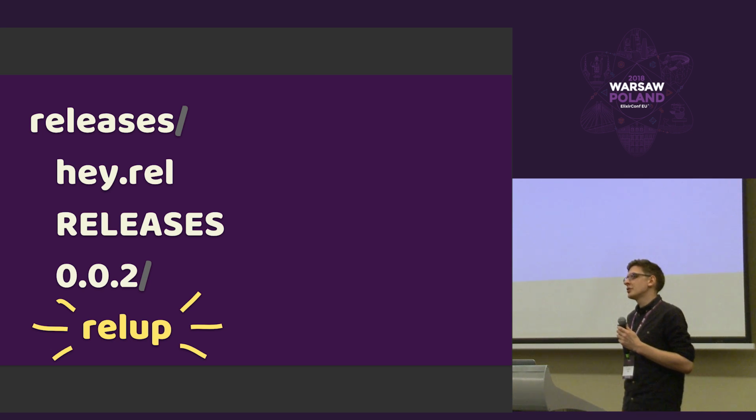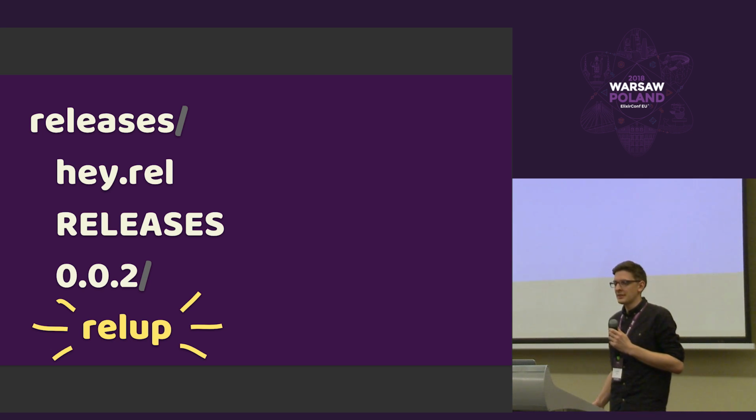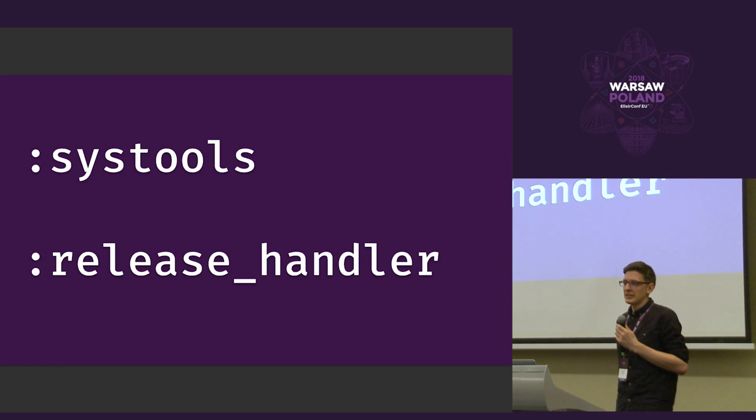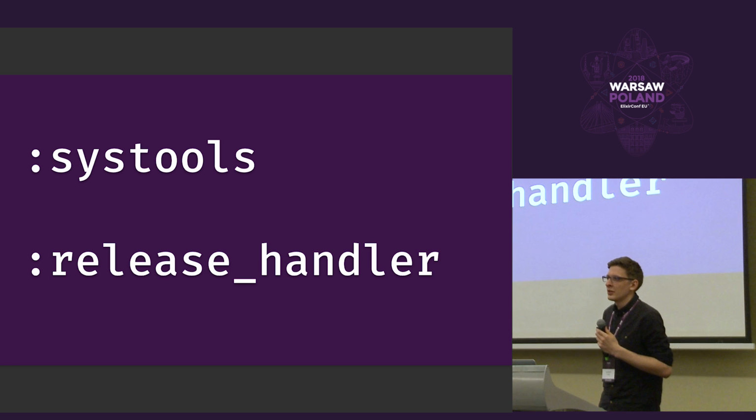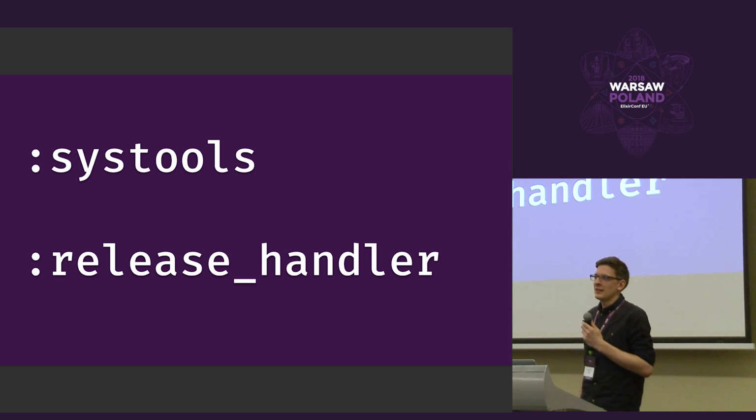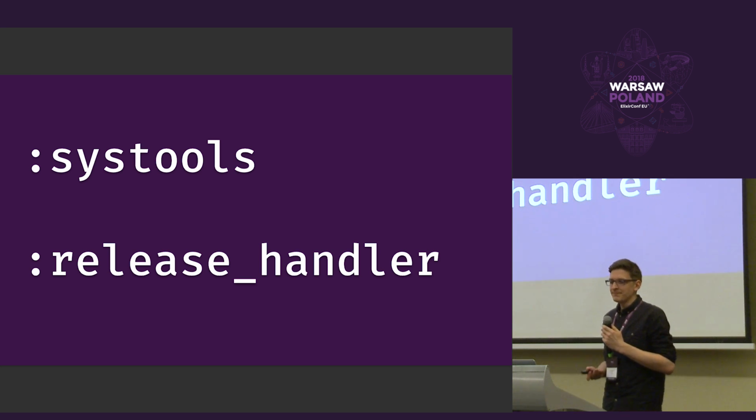First, I want to tell you about two important modules that all of the other tools depend on. They're called systools and release_handler. They're part of the SASL, that stands for, I think, System Architecture Support Libraries application, part of the OTP distribution.